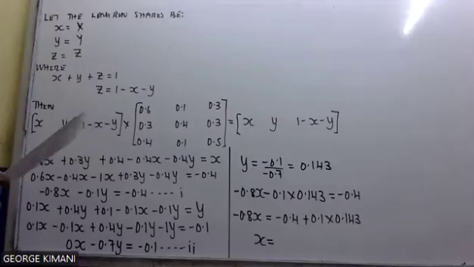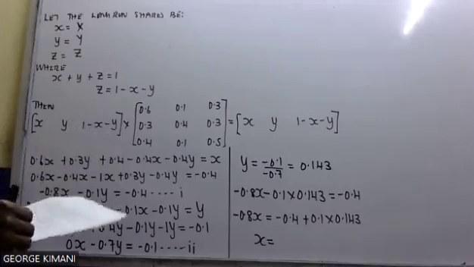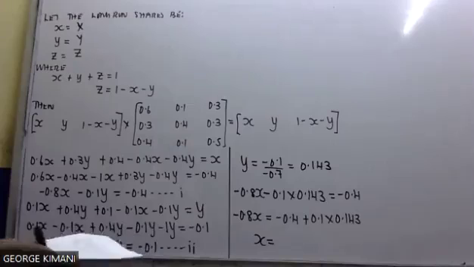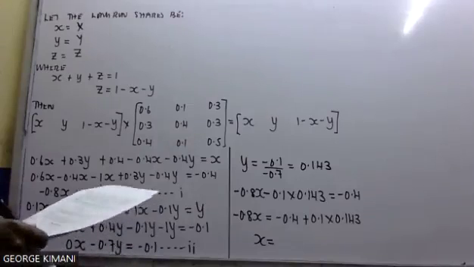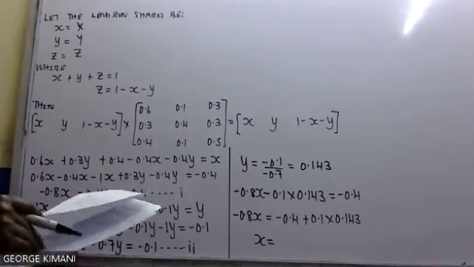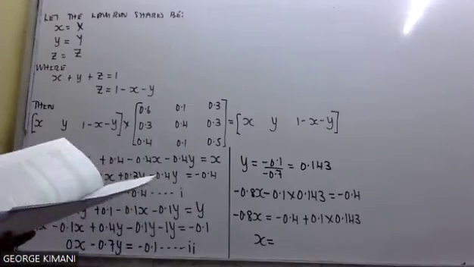So it is 0.1 times 0.143 is equals to 0.0143.